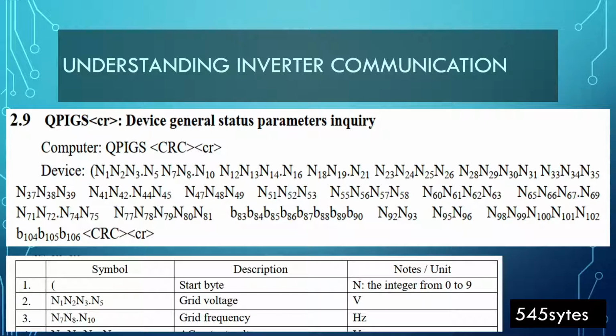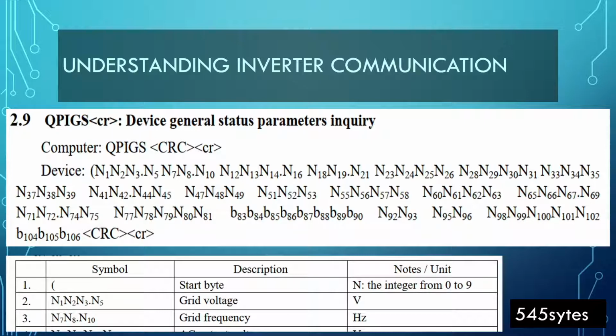What I'm saying is that all the replies from the inverter will start with a bracket. This is constant. All you need to do is ignore this bracket, and then look at the CRC. There is again a CRC from the device at the end of the response, which means the device also sends the CRC so that the receiver can calculate and check whether the received data is correct or not.